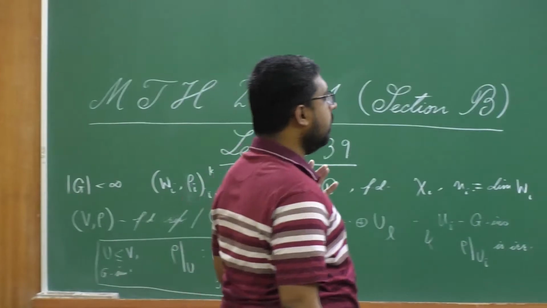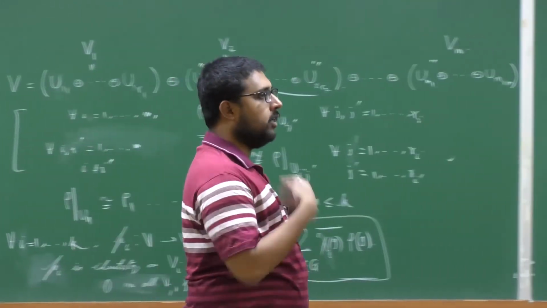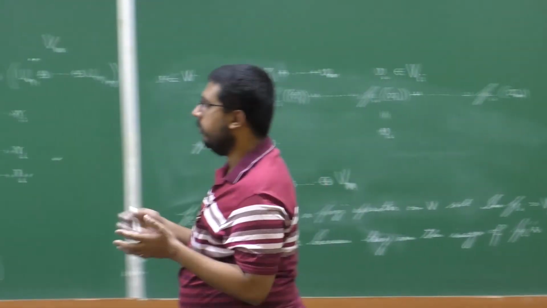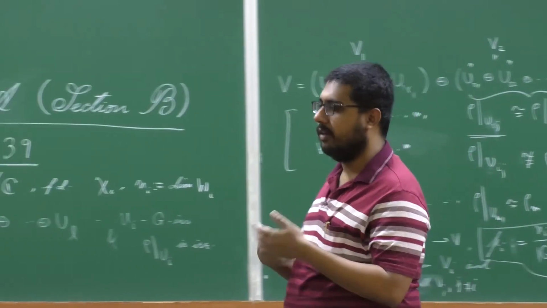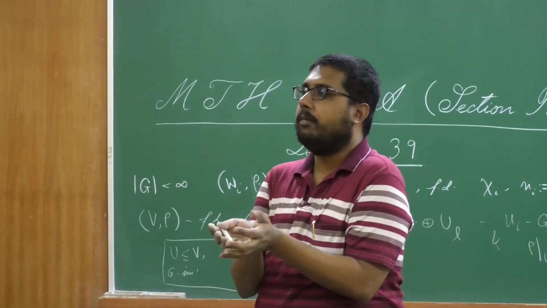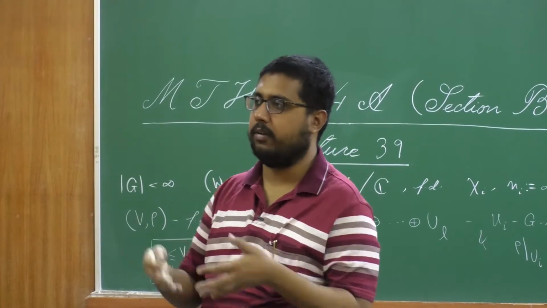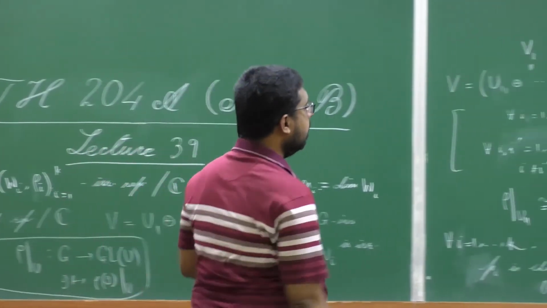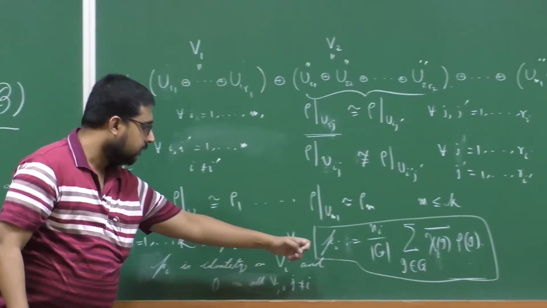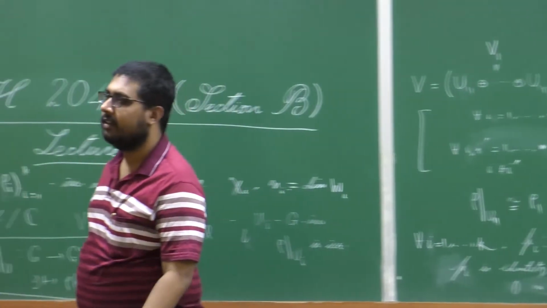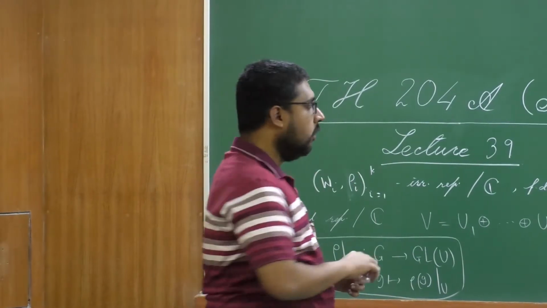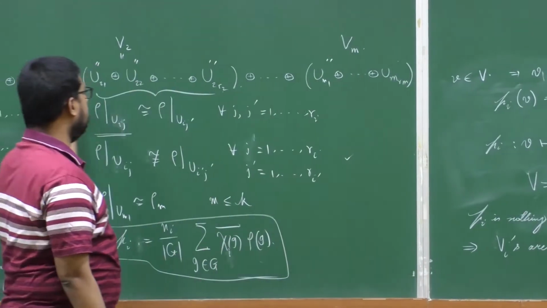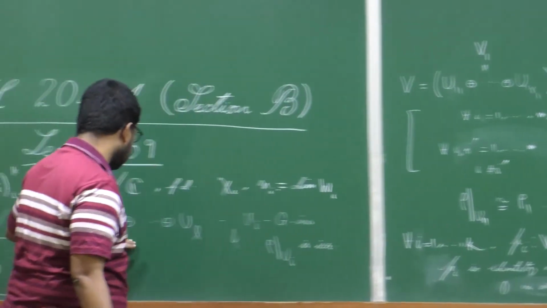Of course, it need not be unique, but in the decomposition that you have taken, when you take the appropriate clusters, namely when you collect the isomorphic ones together, then the VIs that you obtain are going to be unique, because they are solely determined in terms of the representation and the characters of G.